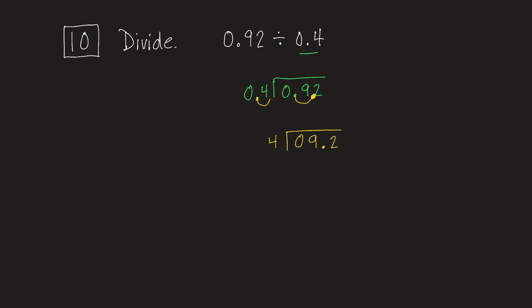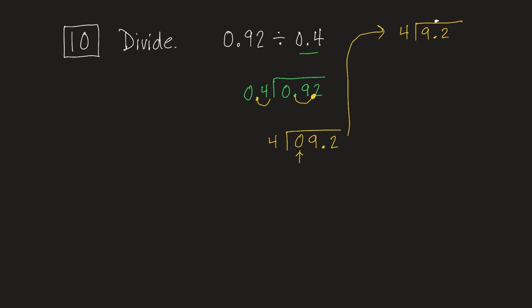But that looks weird, doesn't it? A better way to write that would be 4 divided into 9.2. Why? Because we don't put zeros in front of whole numbers. Okay, next step. Put your decimal point up here.